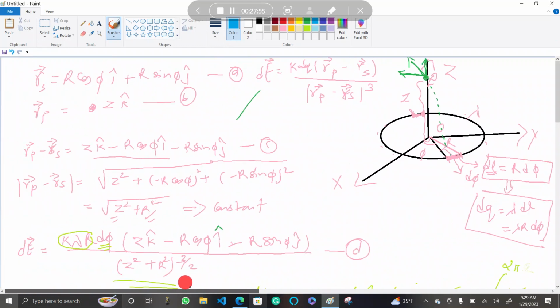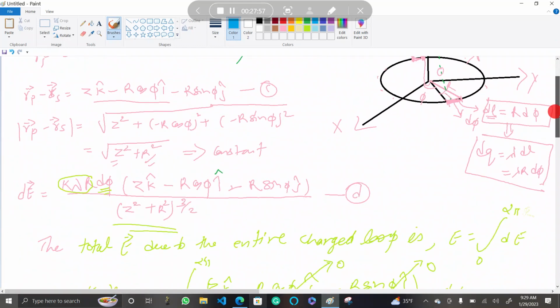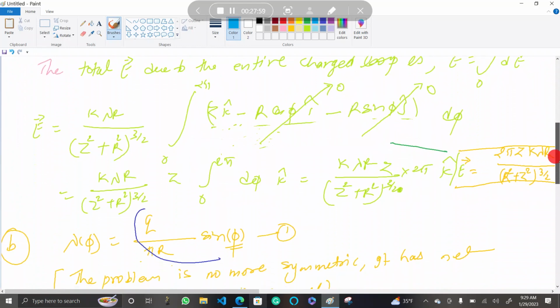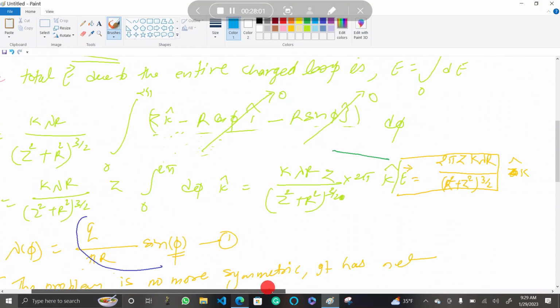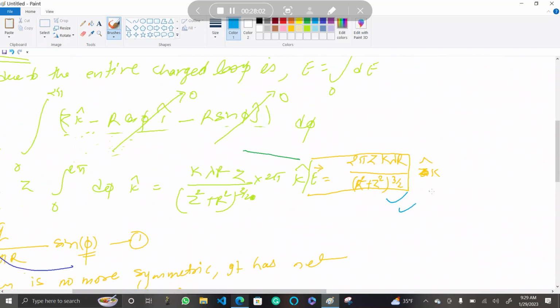So if you look, we got an entirely different expression here. When the charge distribution was uniform, we got only the g component; the other two components cancel each other because of the symmetry.